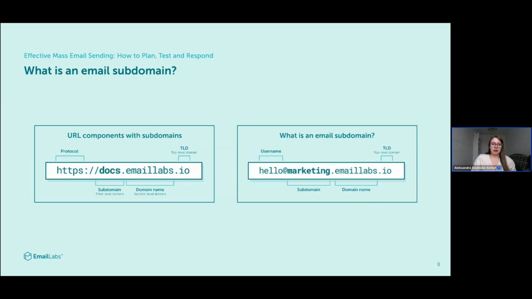On the left side, you can see a URL with a subdomain, and on the right side, you can see what the email address looks like when it is on a subdomain and not the main domain name. We recommend using subdomains or completely different domains when sending privacy protection updates or terms and regulations updates.